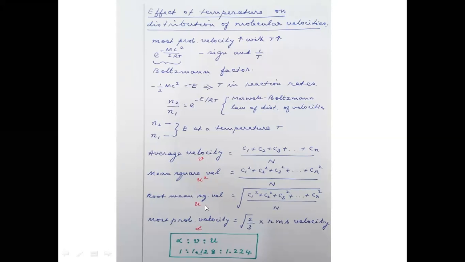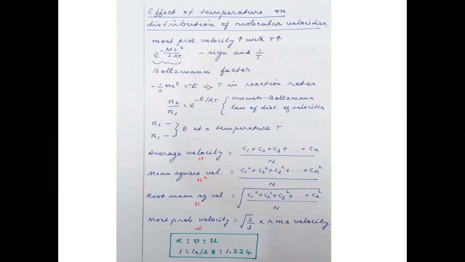That is called u. So v is the average velocity, u square is the mean square velocity, and the root mean square velocity is u. Then the most probable velocity, alpha. What is this most probable velocity? I have already given you the definition: it is the velocity possessed by the maximum number of gaseous molecules at a particular temperature.